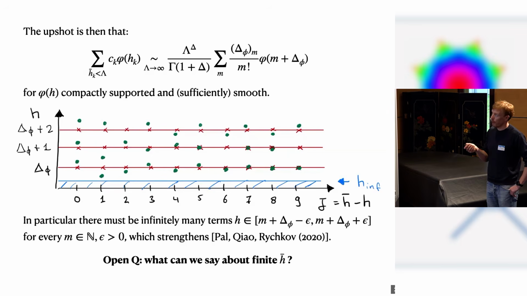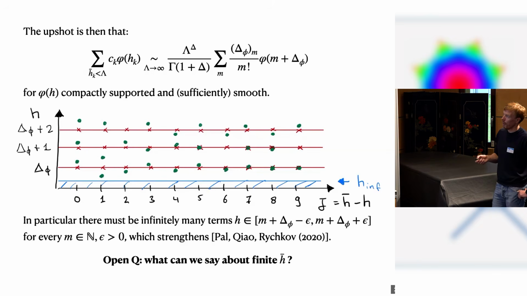And so one of the immediate consequences of this, right? You see here there's a divergence, and all these coefficients are finite, so you better have infinitely many terms to reproduce this divergence. If I take phi to be compactly supported around, say, delta phi plus 3, m equals 3, this divergence is non-zero because this is non-zero.